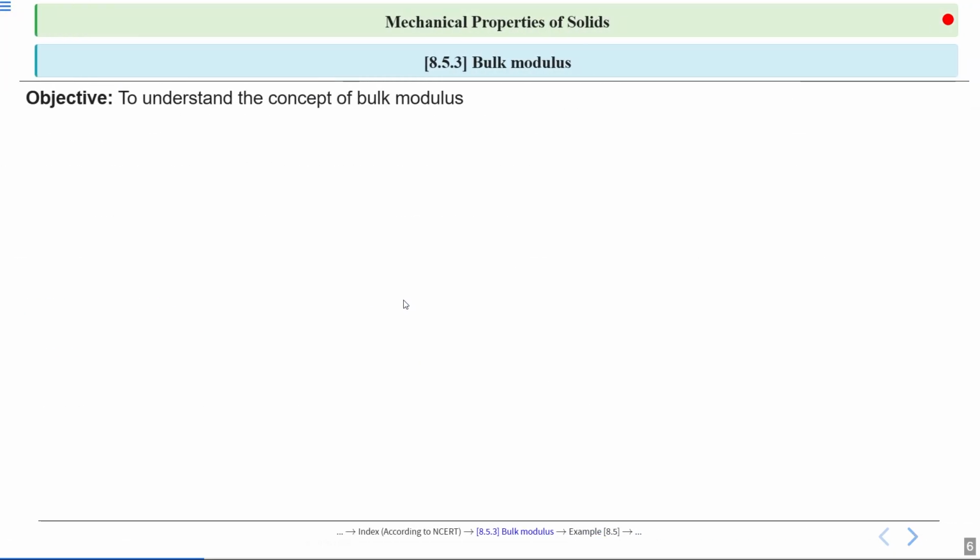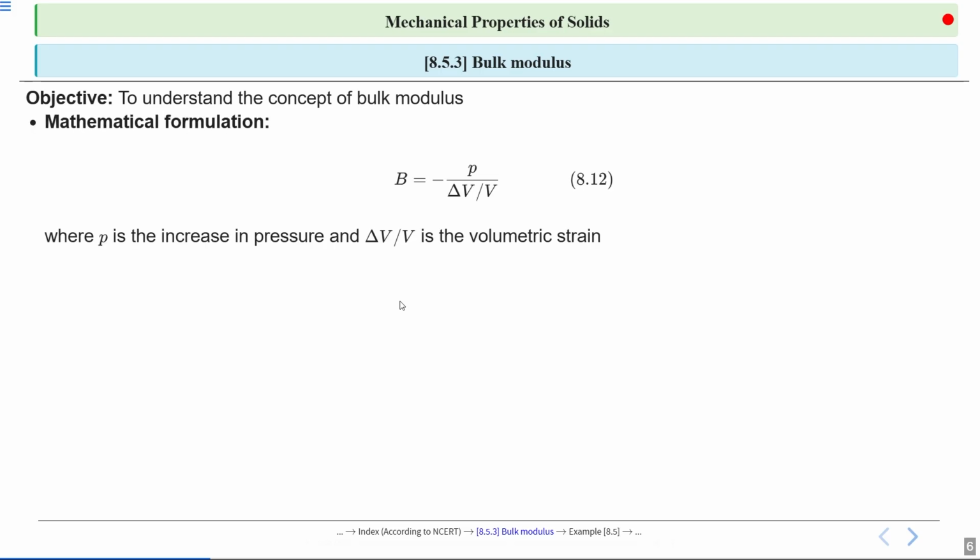So now, mathematical formulation. The formula is B equal to minus P divided by delta V divided by V. And you know, P is the increase in pressure, delta V is the change in volume and V is the original volume.